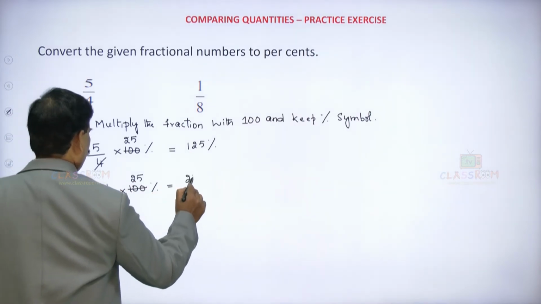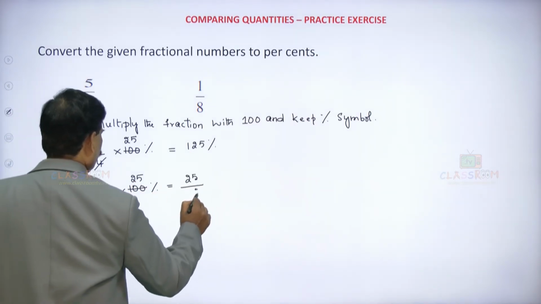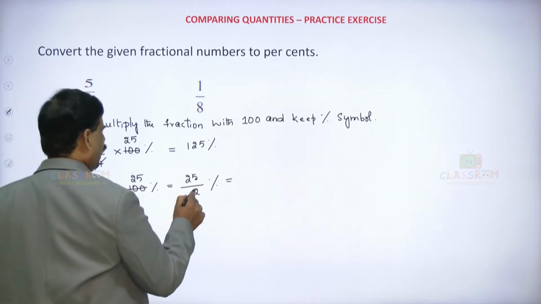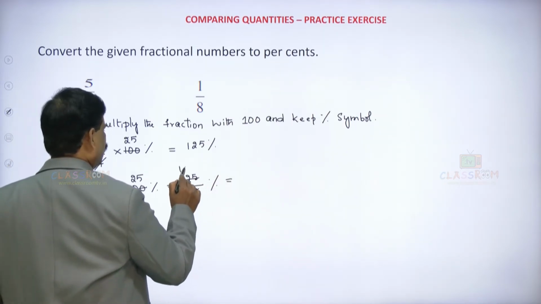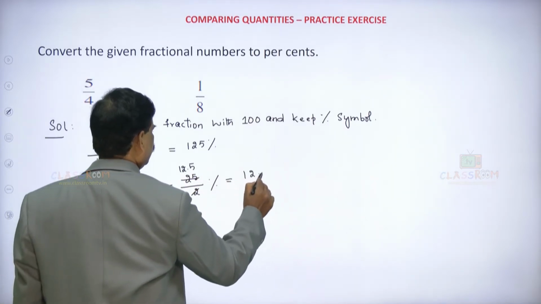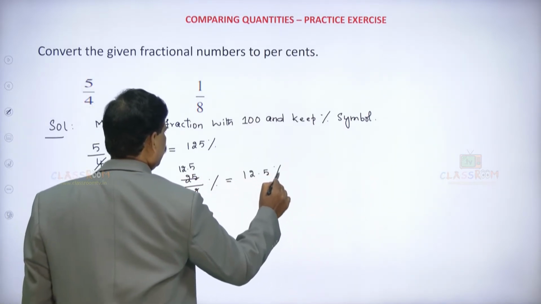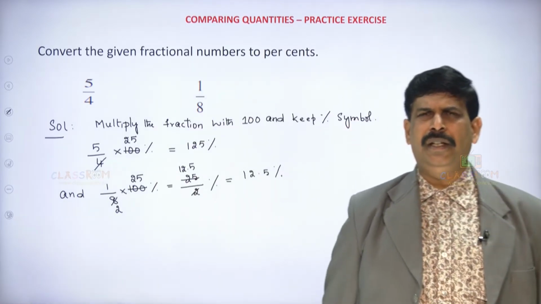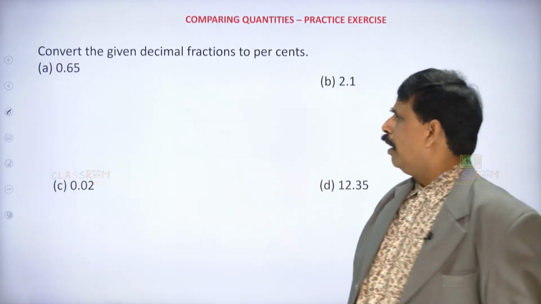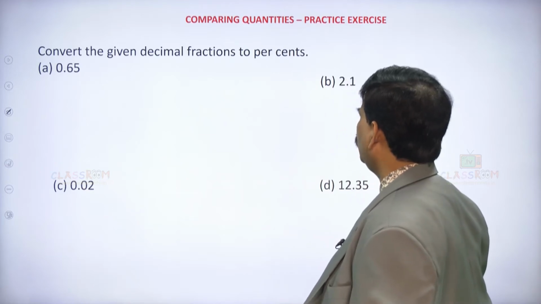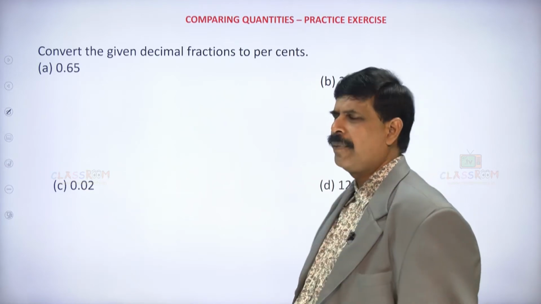So this is equal to 25 upon 2 percentage. Further you can write it as 12.5%.